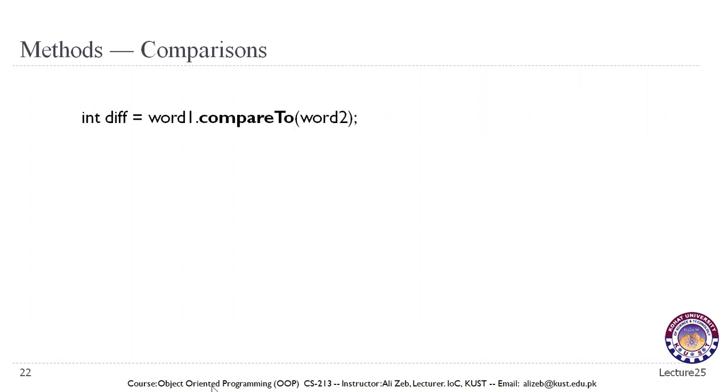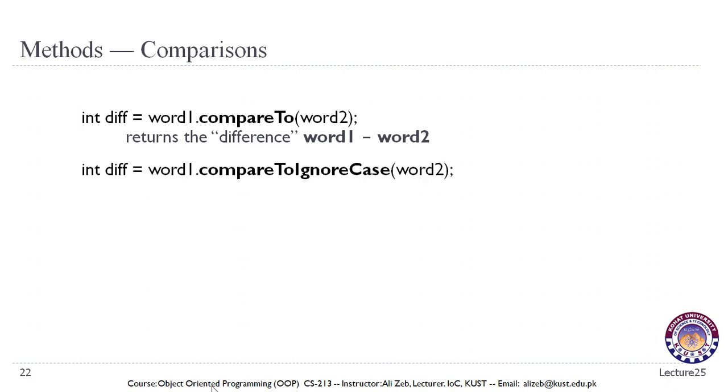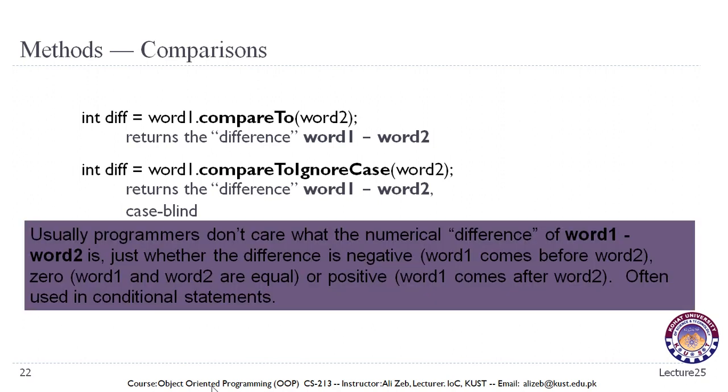We can also have comparisons of strings. So word 1 compareTo word 2 will return the difference, or word 1 minus word 2. Word 1 compareToIgnoreCase word 2 will work the same, but with the case ignored, case blind. It will return the difference of word 1 minus word 2.